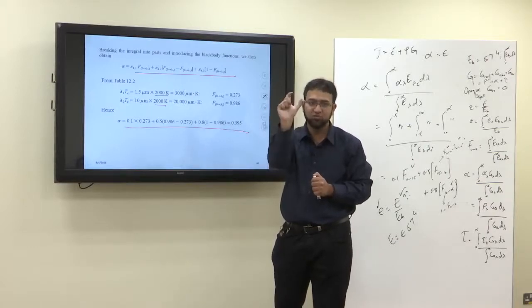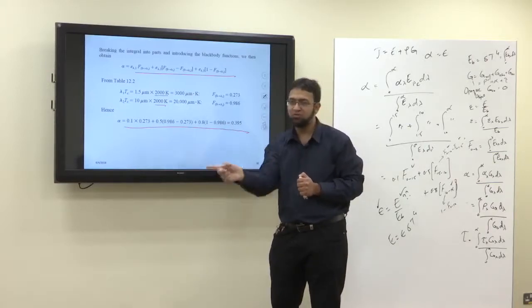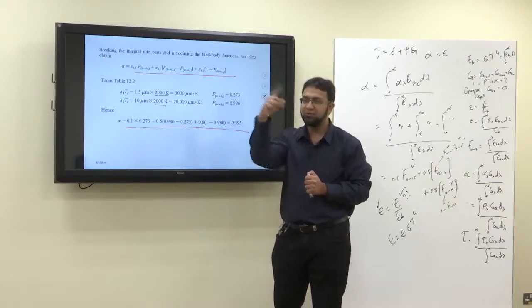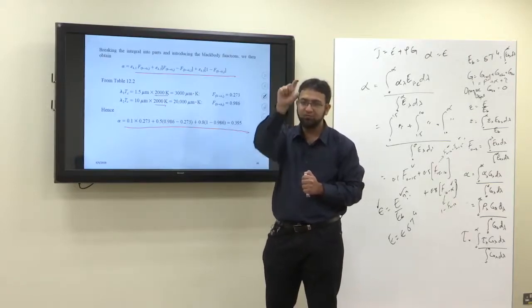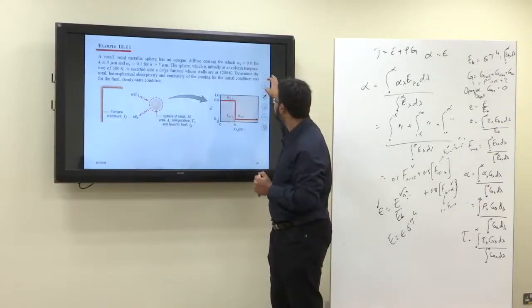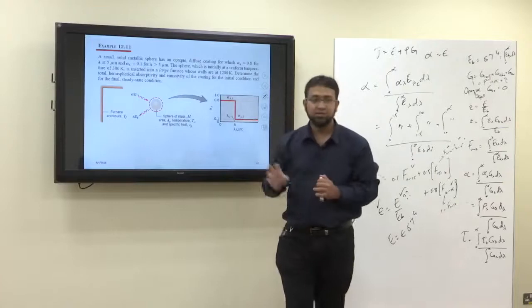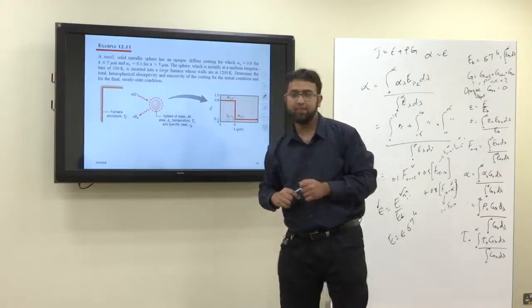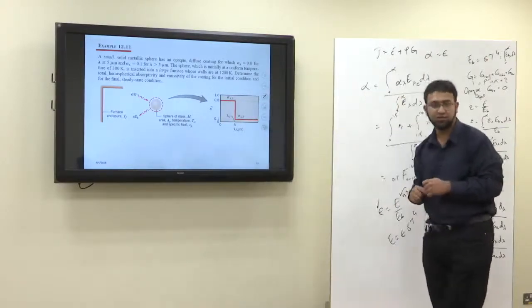If the word diffuse was not there, then alpha is not equals to epsilon. Kirchhoff's law becomes applicable when the word diffuse is there. Is it clear? Anything which was not clear, you can ask.